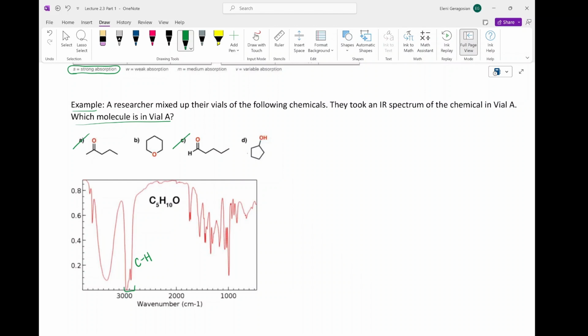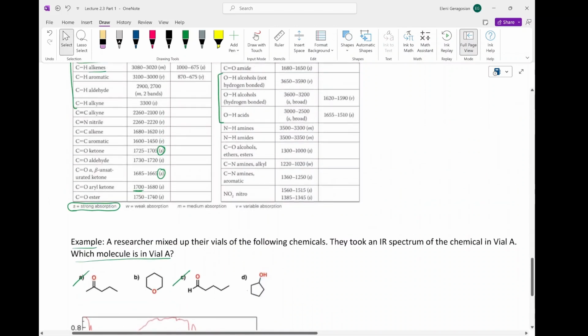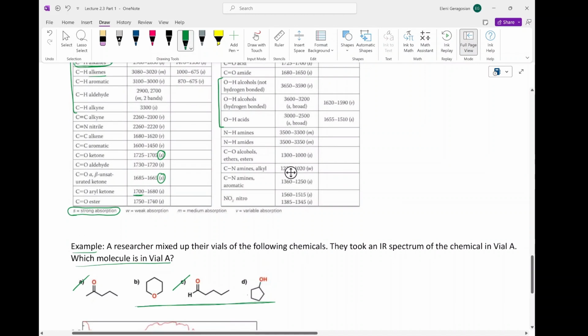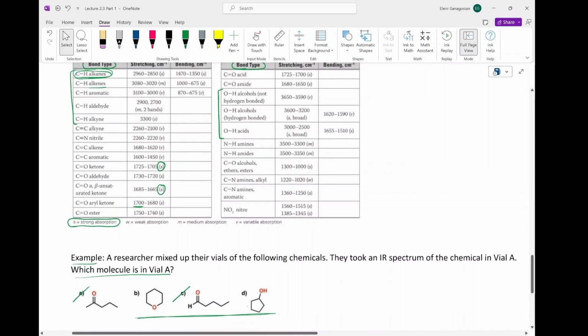Another sharp peak that we have is right here, around 3,500. Going back up to our table and considering what our two options are, B and D. Carbon to oxygen single bonds are in this region, not at 3,500. And that's present in B. We also have that in D, but another peak we have in D is that oxygen to hydrogen single bond.